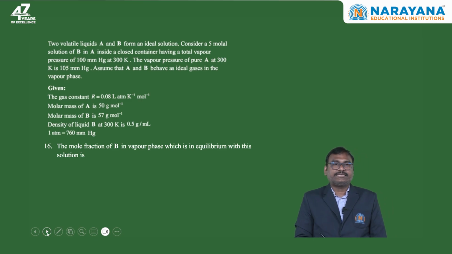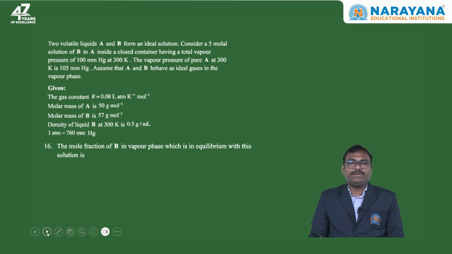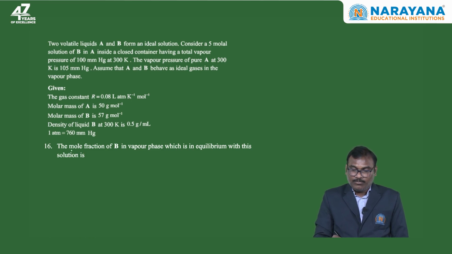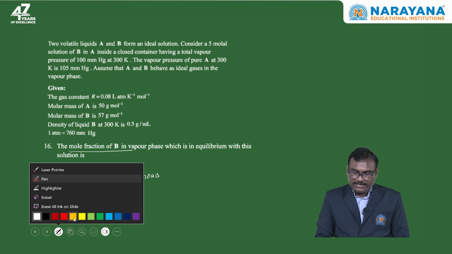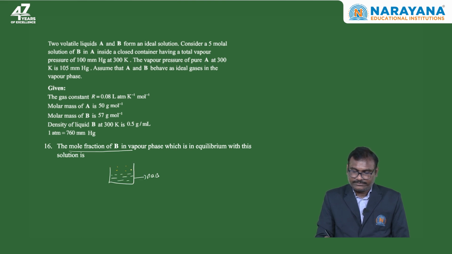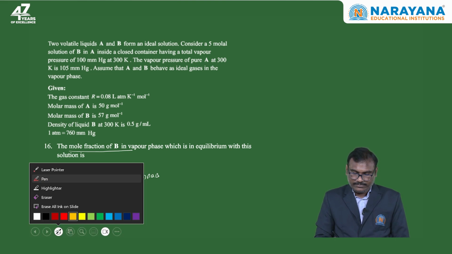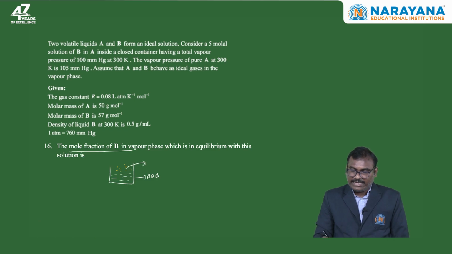Yes, for the same paragraph, the mole fraction of B in the vapor phase which is in equilibrium with the solution. Here two liquids A and B are there. Here he is asking to find the mole fraction of B in the vapor phase.